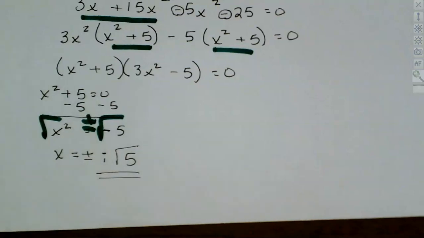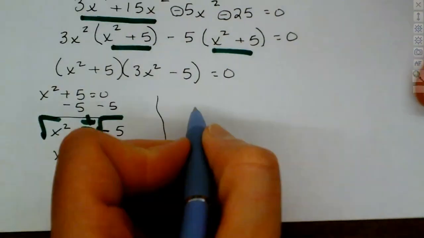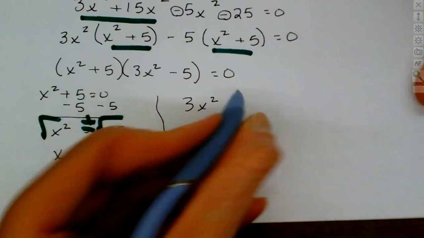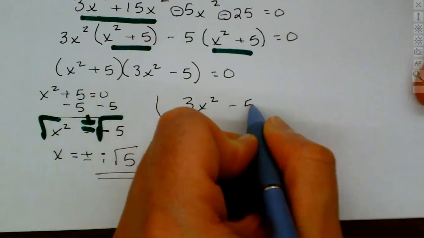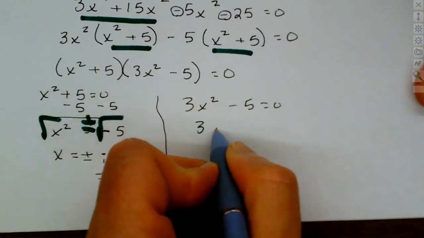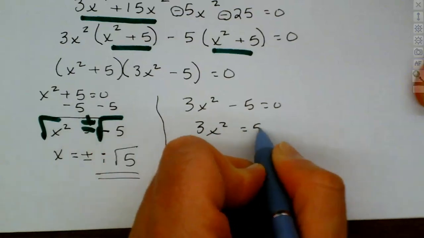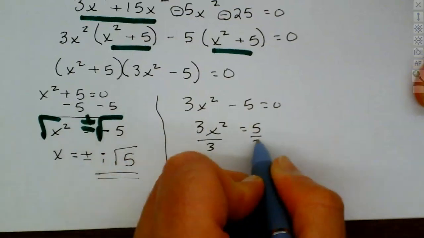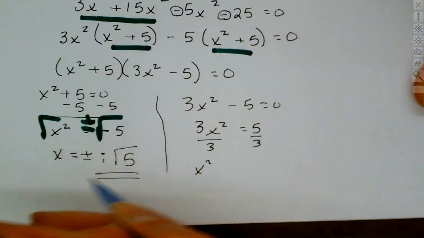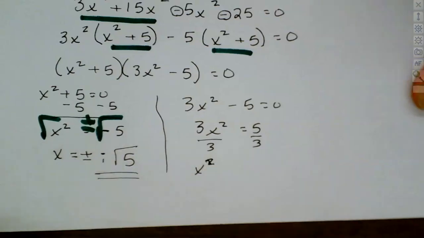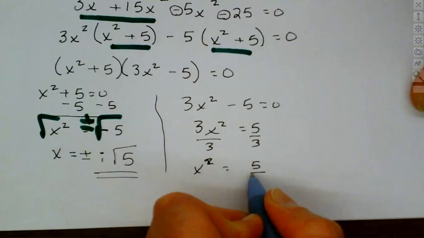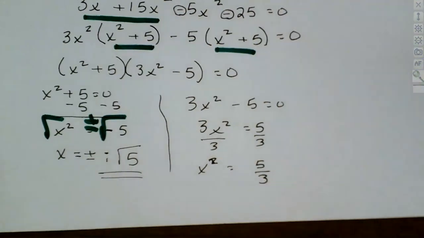What about the other one? Well, let's try the other one. The other one is 3x squared minus 5 equals 0. So 3x squared equals 5. We'll divide by our 3. And that leaves me now with x squared equals 5/3. And how do we get rid of a square? Again, what do we take our what?